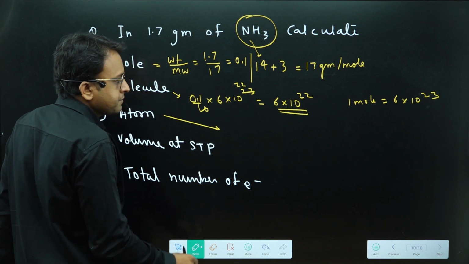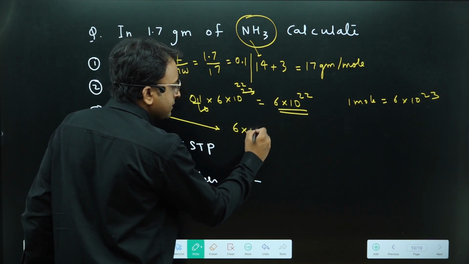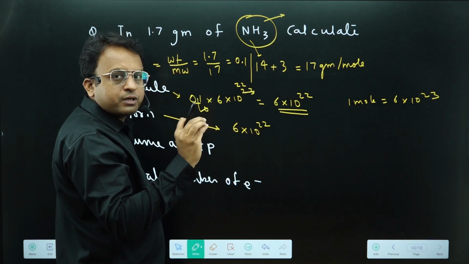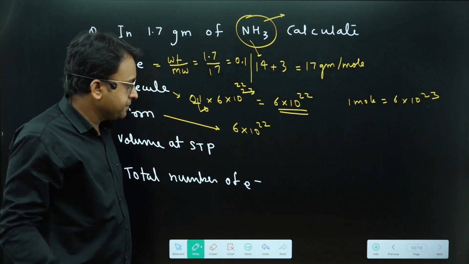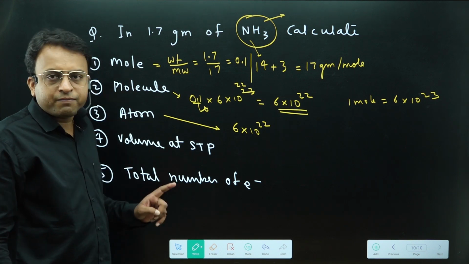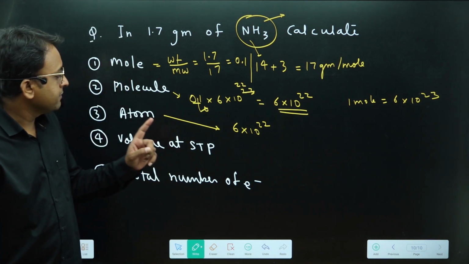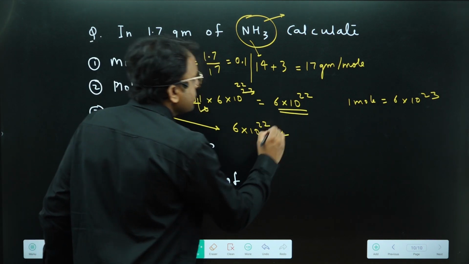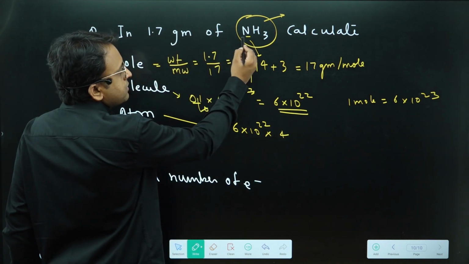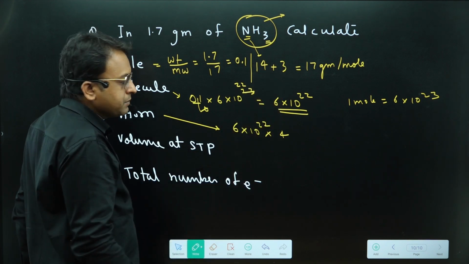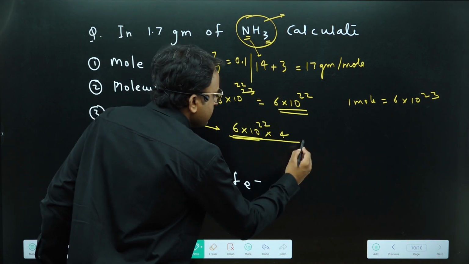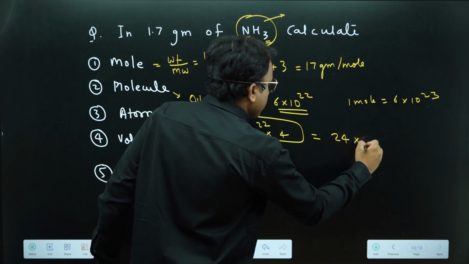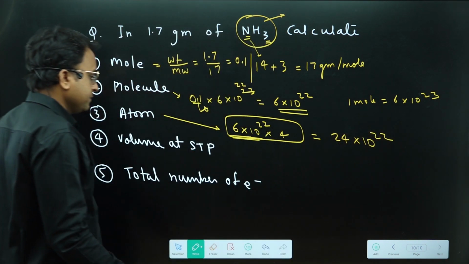Now number of atoms. The molecules are 6 into 10 to the power 22. In one molecule of ammonia, 4 atoms are present: 1 atom of nitrogen and 3 atoms of hydrogen. So the total number of atoms in this many molecules is into 4. That is equal to 24 into 10 to the power 22.